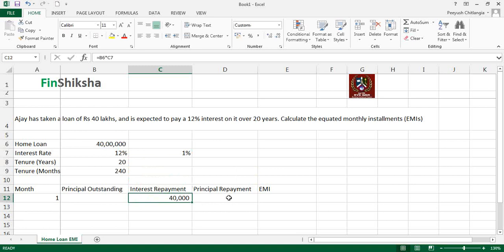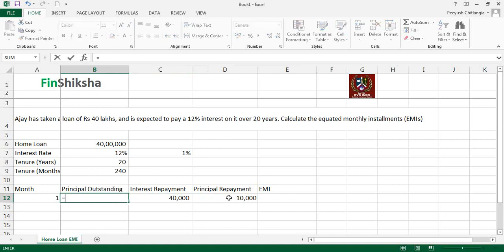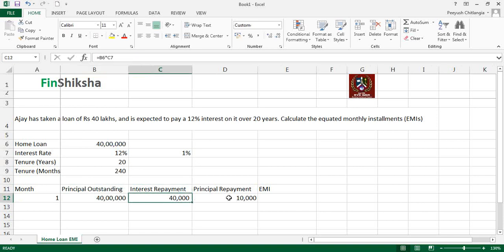Correct? Looks logical? That's the first month interest repayment. Let's assume, for argument's sake, that I also repay a principal of 10,000. You started with a principal outstanding of 40,000. Now you have an interest repayment of 40,000 and a principal repayment of 10,000, which will make the EMI 50,000. That's an assumption as yet.